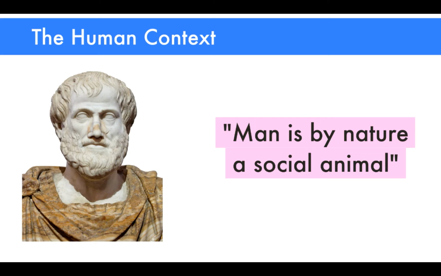So this talk in particular, I wanted to discuss the human context, and this is Aristotle, and this is his quote, that man is by nature a social animal. And I think that one of the things we've been missing still in 2016 is a good way to know who is around us from a device. Even if you think about sharing content, oftentimes the easiest way to share content from your phone to someone else's might be to send it via email across the internet and back again, not just to somehow get it from this device 3 inches away to another device.